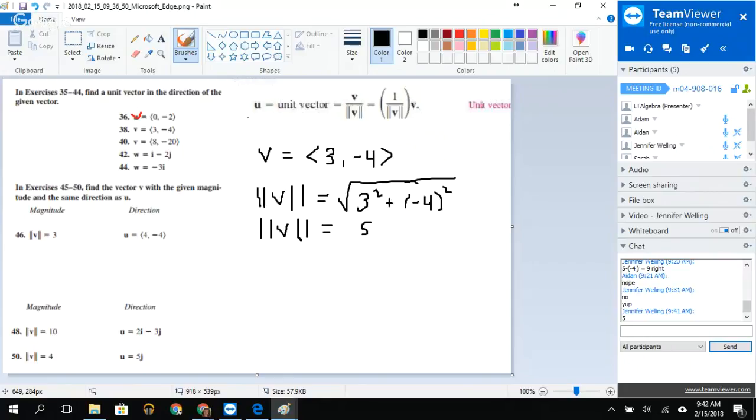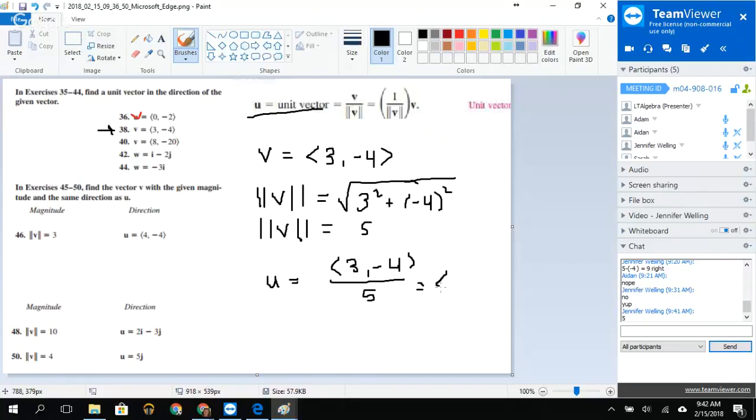So then if I want to come up with a unit vector that represents my vector, my unit vector u is going to be 3, -4 divided by 5.